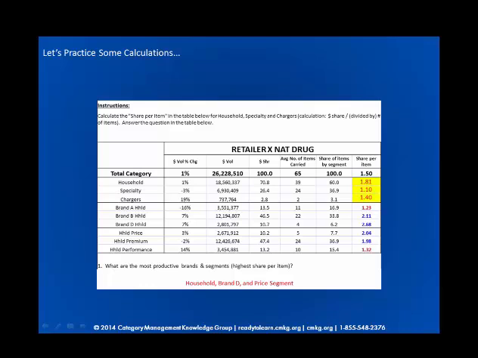And if we look across each of these three breaks, we see that the household segment is the most productive with a 1.8 share of items. Brand D would be the most productive, and as well the price segment is the most productive.